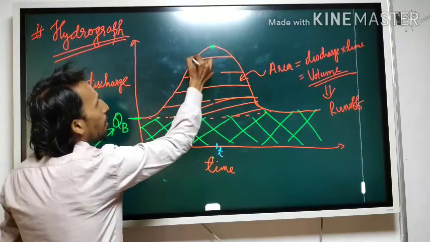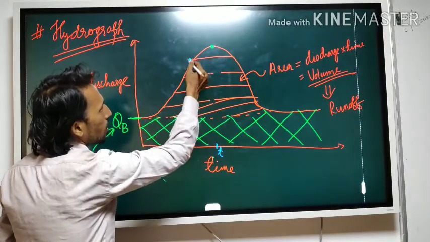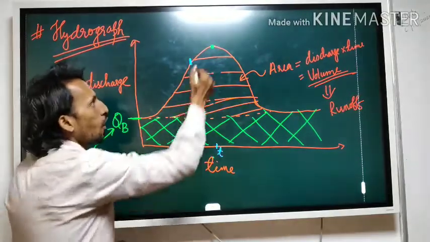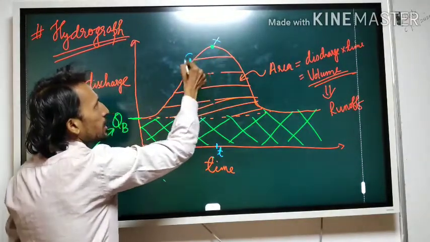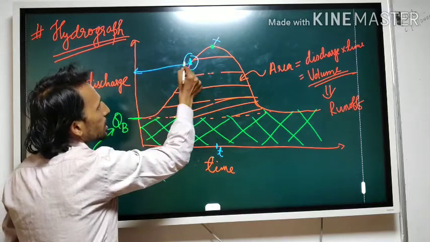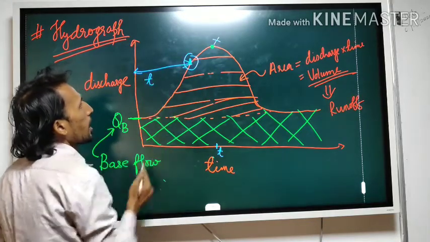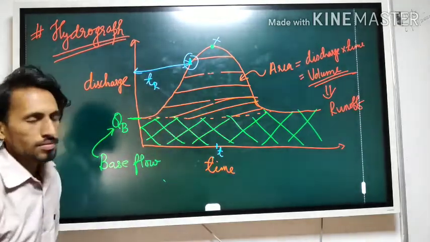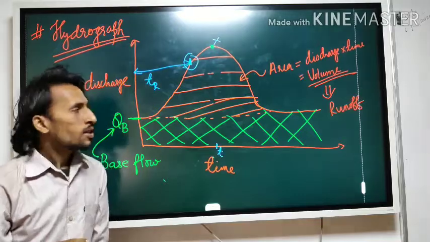Rainfall will stop at some point somewhere in this side of the graph, not here. Up to a certain time, that must be the duration of rainfall.